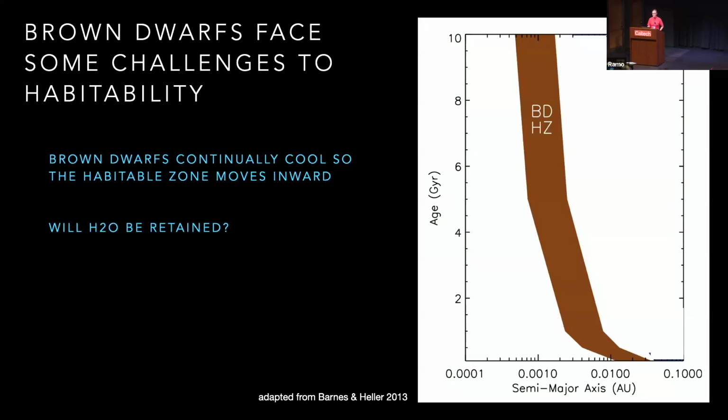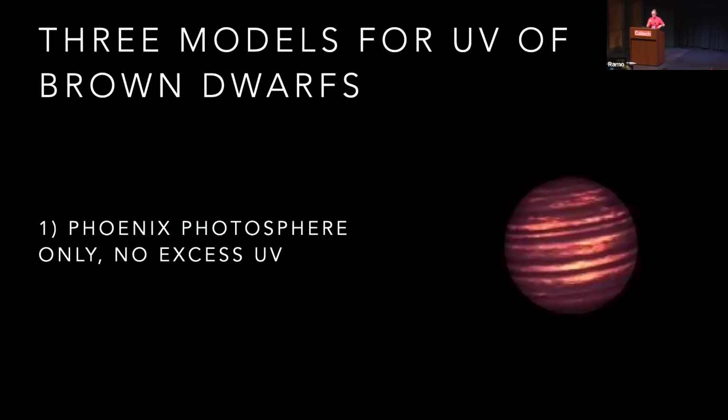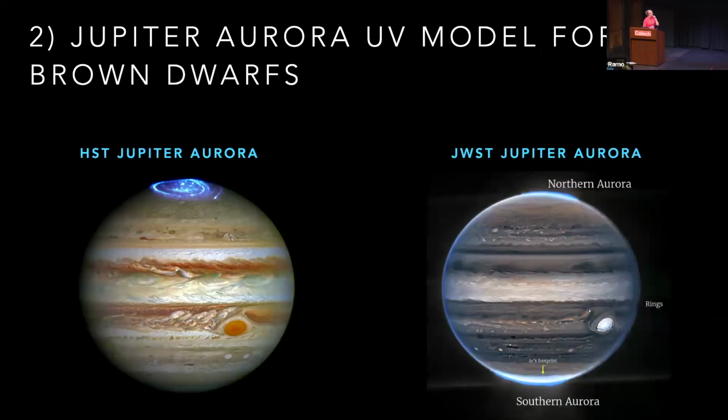They don't have the same problems. So we wanted to look at 3 models of UV for brown dwarfs. One is just using Phoenix photosphere only, no excess UV, as the very lower limit. More likely, perhaps, is something like a Jupiter aurora UV model for brown dwarfs, using observations from Jupiter.